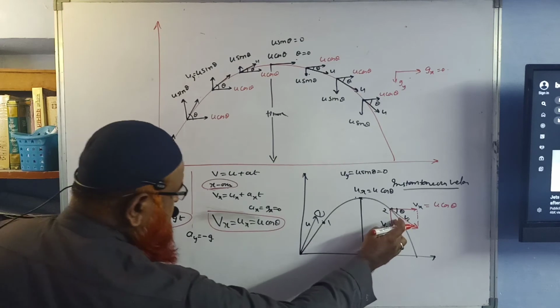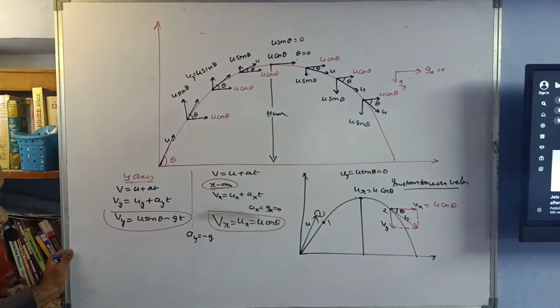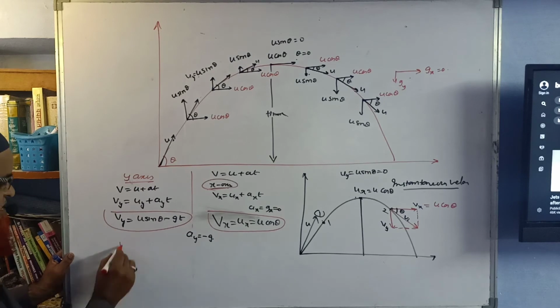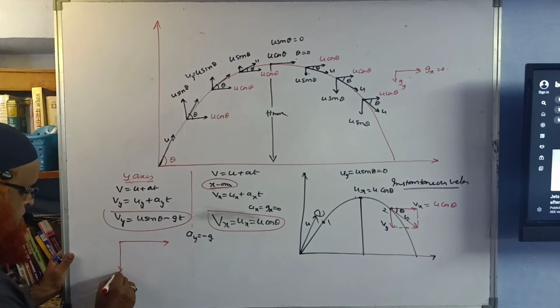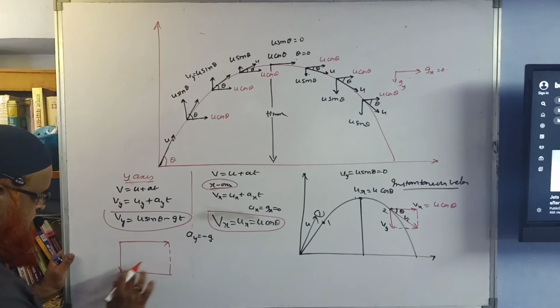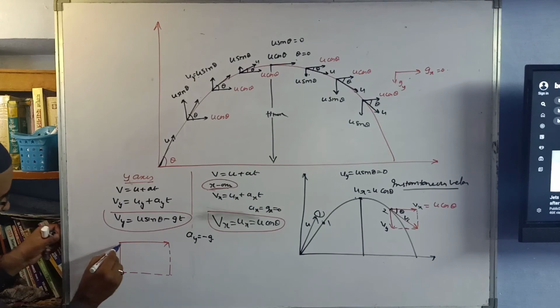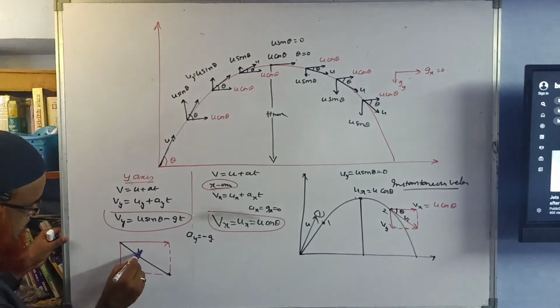Then how are you going to represent this vector now? Let us see. Here, let me write it separately. I will close this part in the form of a rectangle. This is a dotted line. Now I am going to find this as an instantaneous velocity.